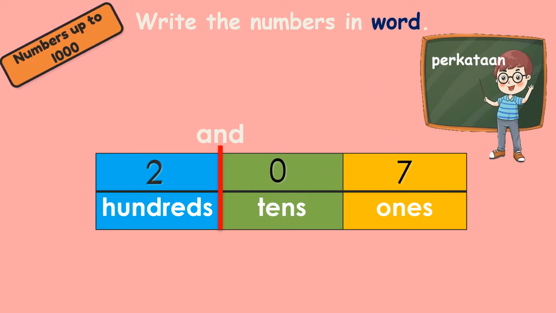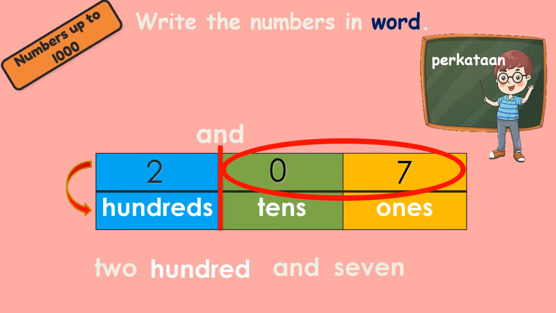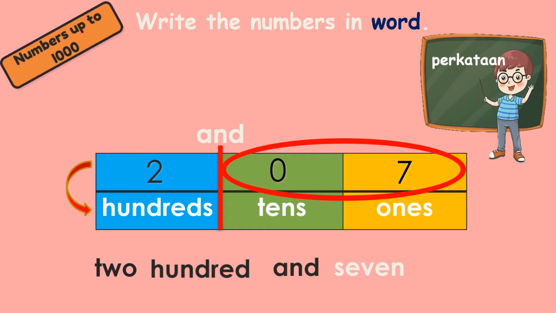Now, let's start read from hundreds place. 200. Then we write N. For tens and ones place, we read together. But we just read 7. 207.